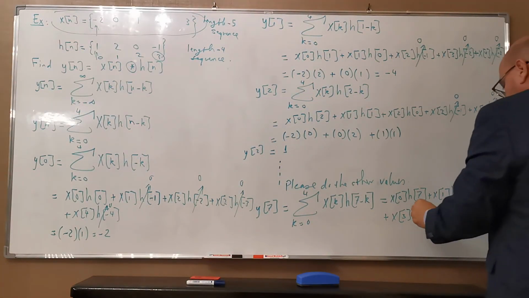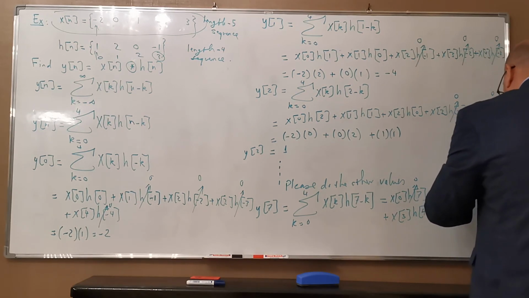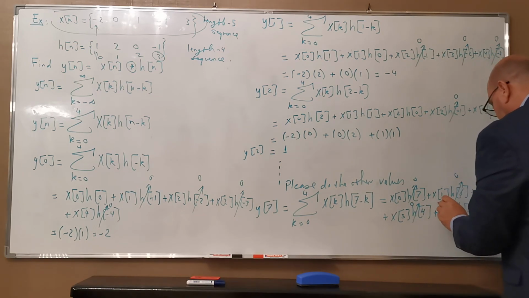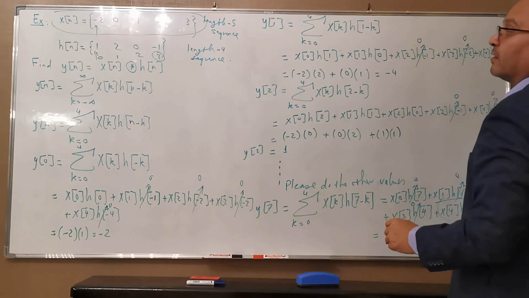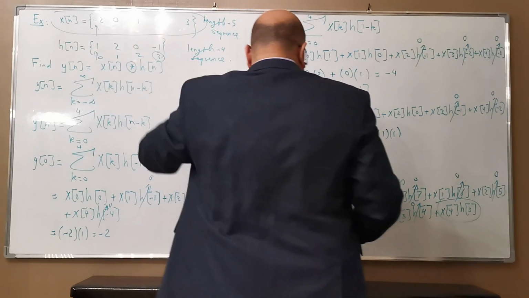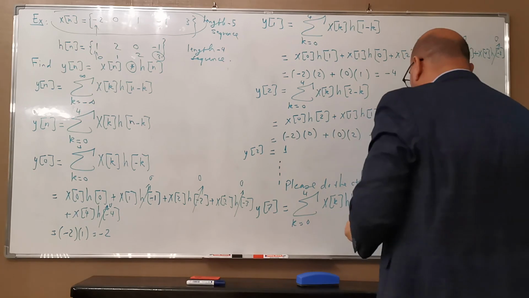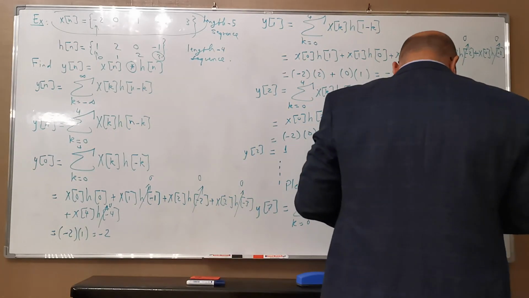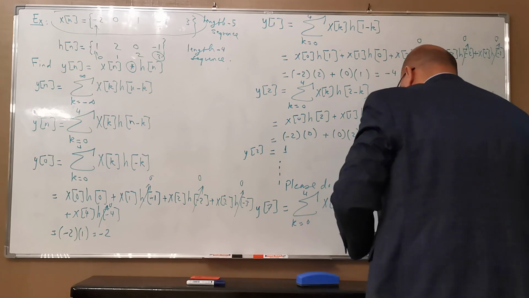So all those h's are zeros, except this item here, which is x of 4, 0, 1, 2, 3, 4, the last one, which is 3, times the last item, h of 3, which is minus 1, and the answer will be minus 3.